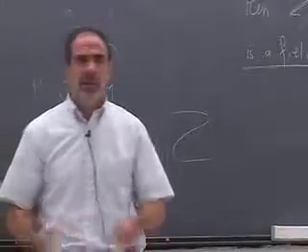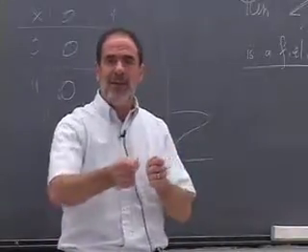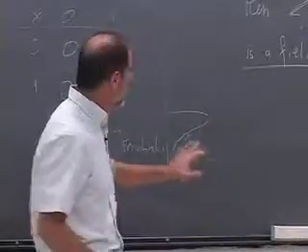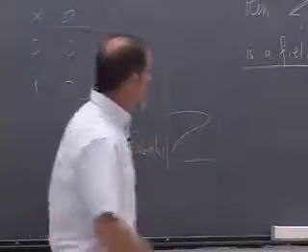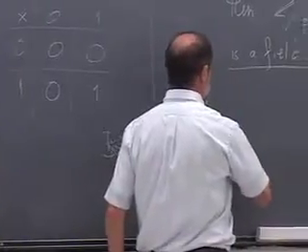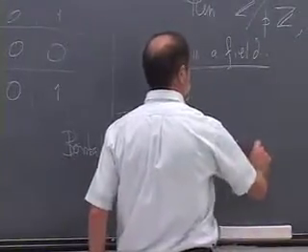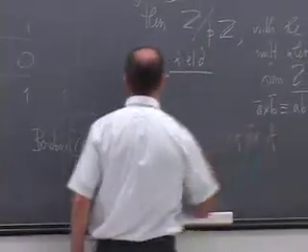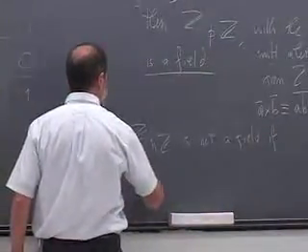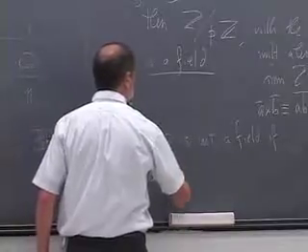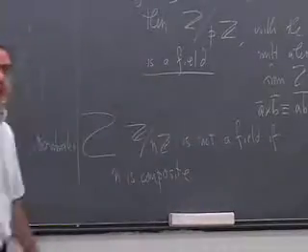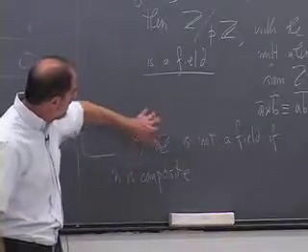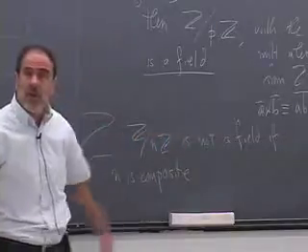Z mod NZ is not a field if n is composite. So we're not going to get any more fields this way. It's only when n is a prime that this abelian group with its natural multiplication is a field.